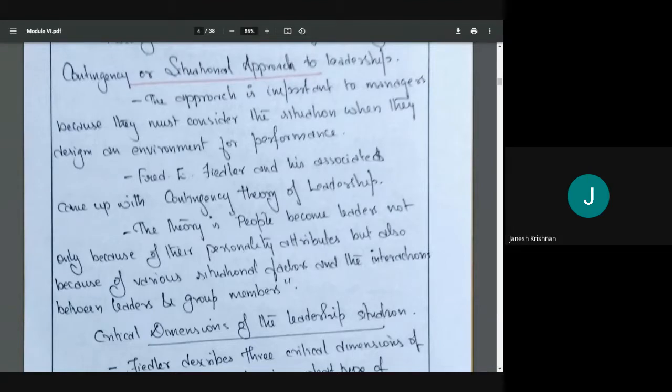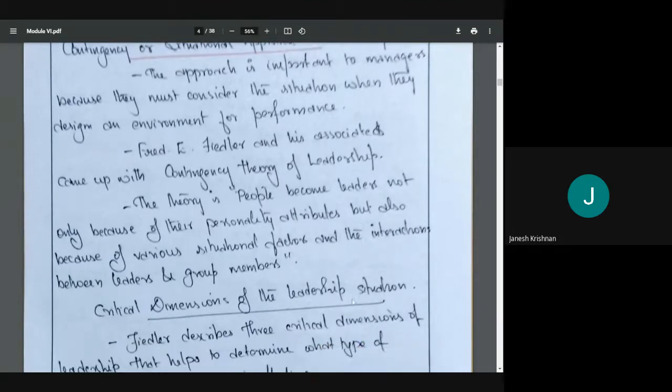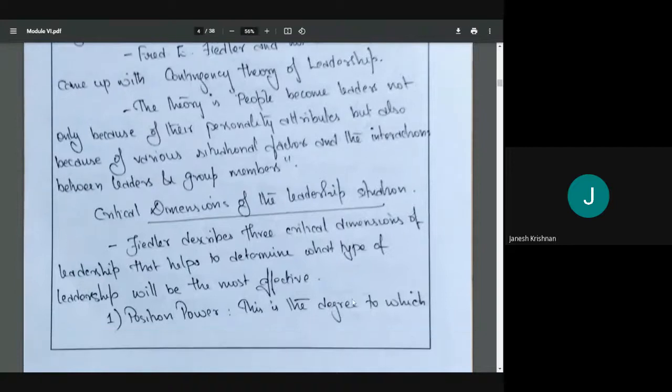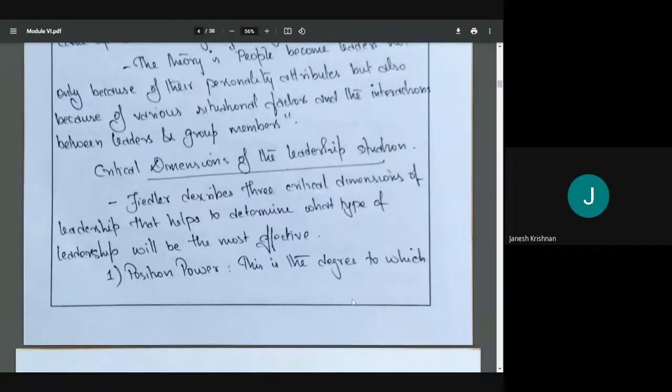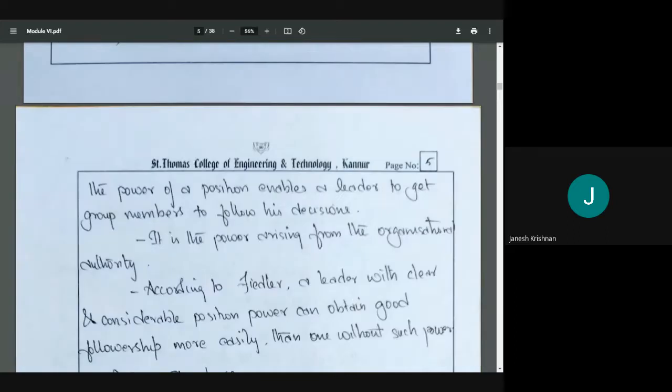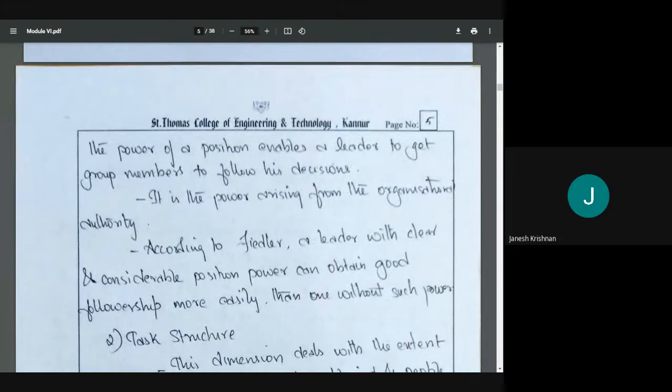And then we saw the critical dimensions of leadership. There are three critical dimensions. What were they? The first one is position power, right? Position power means the power of a position, which gives the leader the power so that his followers will follow him.